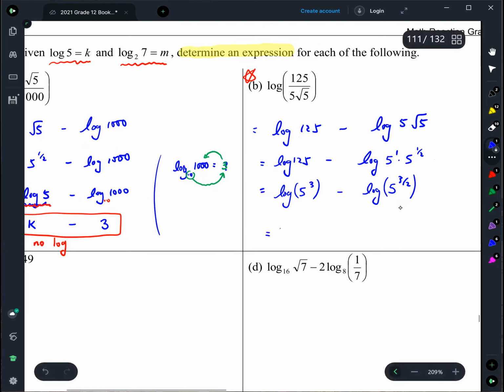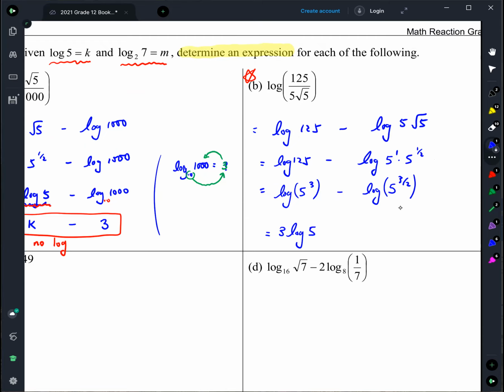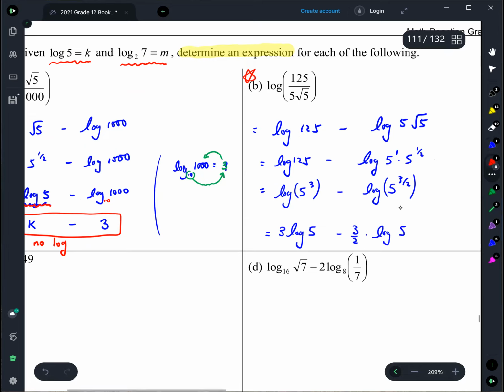And the second one into 3 over 2 times log of 5. Yep, 3 over 2 times log of 5. Very good. So that's what we want to get to. We want to make sure we can see the log 5. So log 5 is right here, and now the log 5 is there.